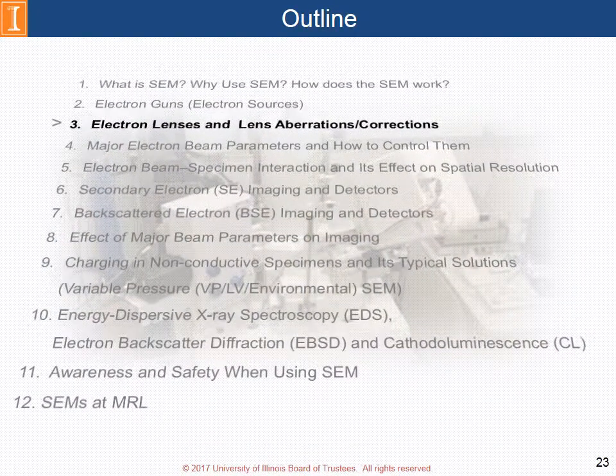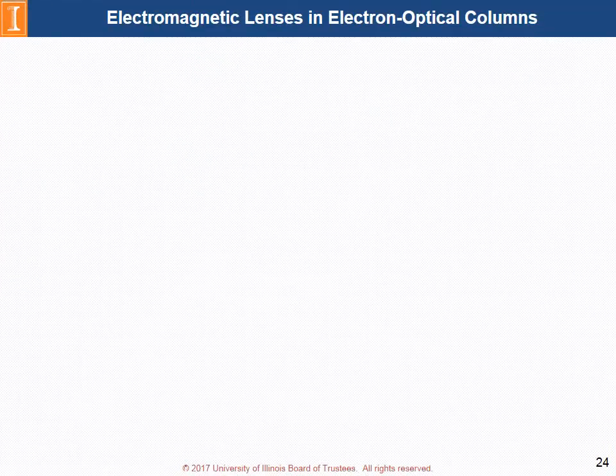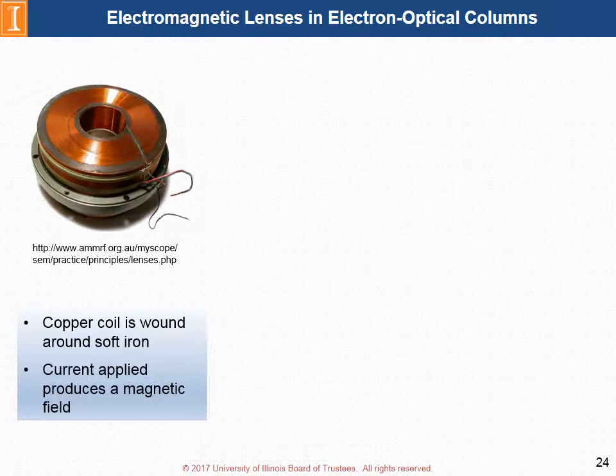Next topic is electron lens aberration, and corrections. While glass lenses are used in optical microscopes to focus light, electromagnetic lenses are used to focus electron beams in SEMs.